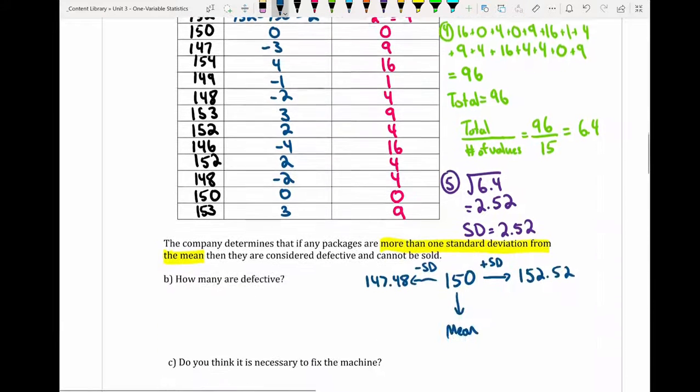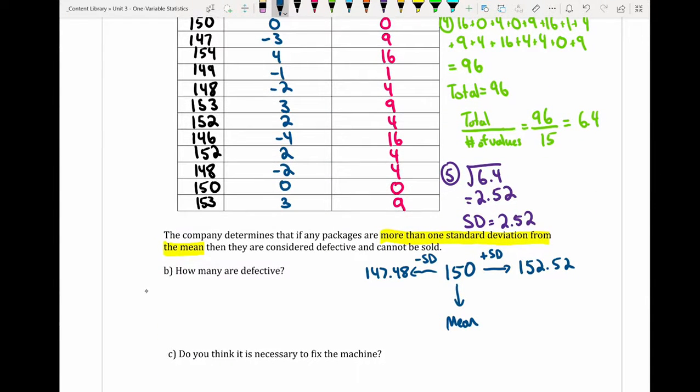So those are all the values that are outside. So there are 6 values that are defective, or 6 packages are defective, whichever way you want to word it.